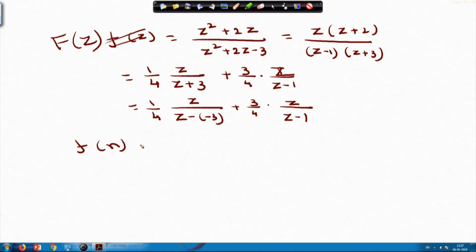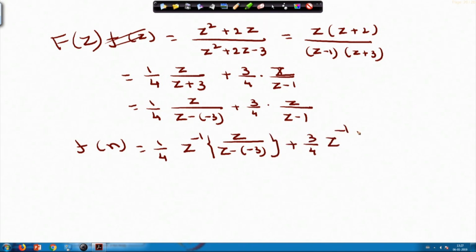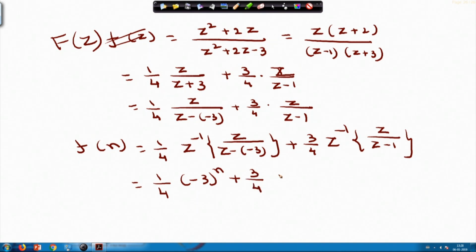Now from here, f n I can write simply as 1 by 4 z inverse of z by z plus 3 plus 3 by 4 z inverse of z by z minus 1, and we know the values of these. It will be 1 by 4 into minus 3 whole to the power n plus 3 by 4 into 1 to the power n, which you can write as 3 by 4 into 1 minus 3 to the power n minus 1.